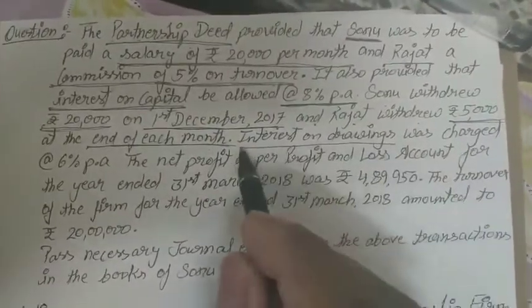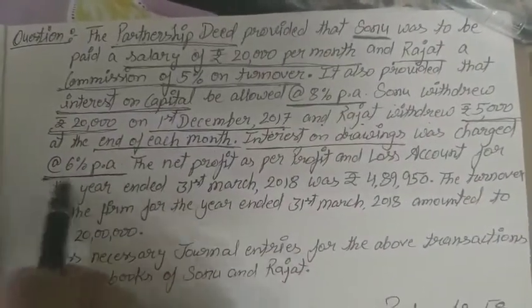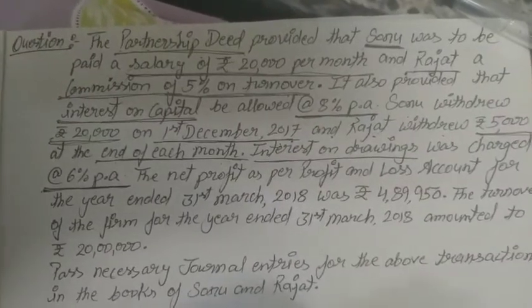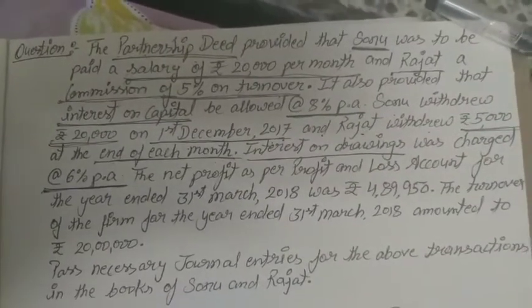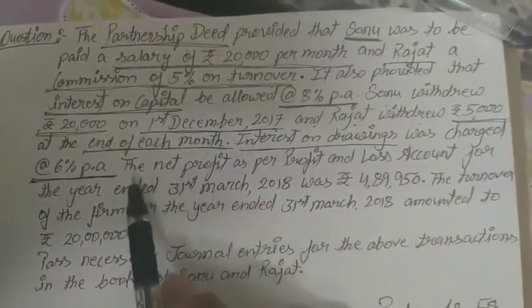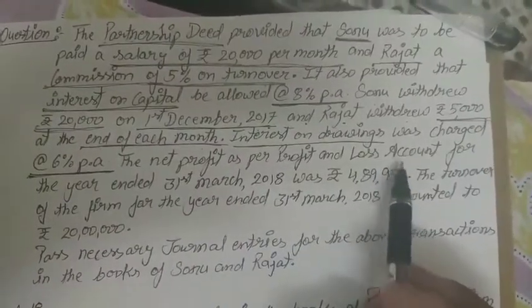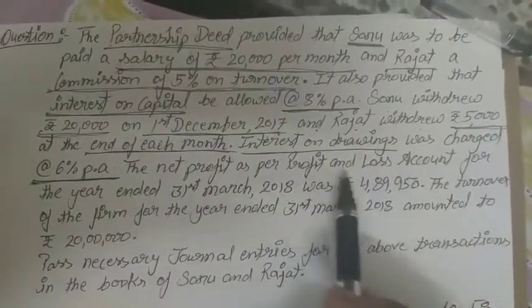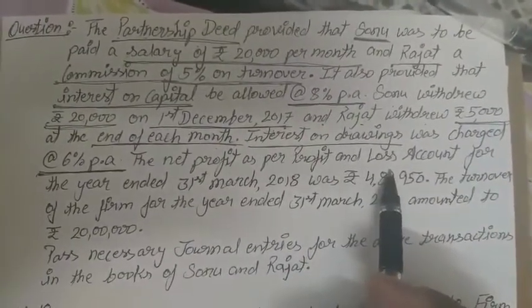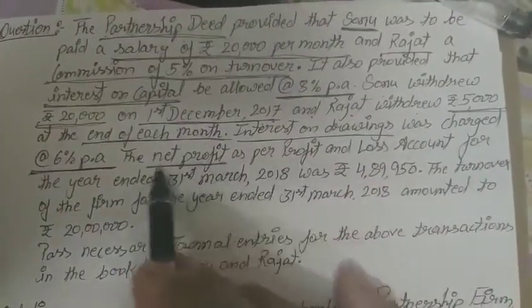Interest on drawing is at the rate of 6% per annum. Both partners will pay interest on drawing to the firm. The firm will receive interest on drawing from both partners. We prepare the profit and loss account to calculate the net profit or net loss.